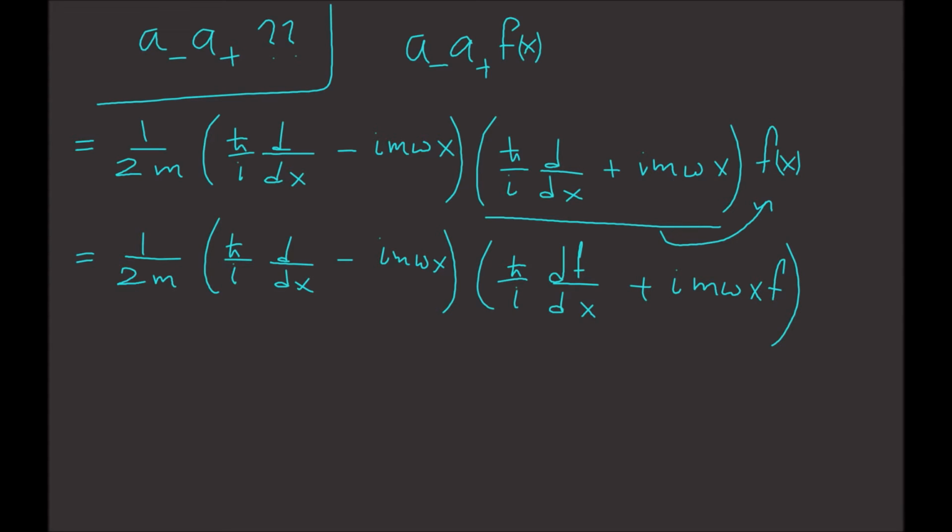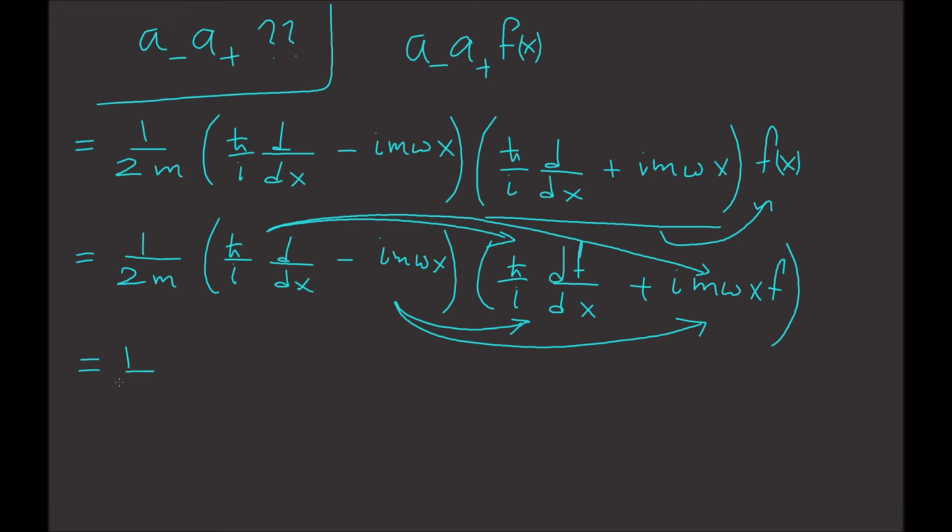Alright, so here we're going to do it term by term. We go this term times this term, then the same term times the second part. This times that, so we're going to have 4 terms. Let's carry on. 1 divided by 2m, open brackets.